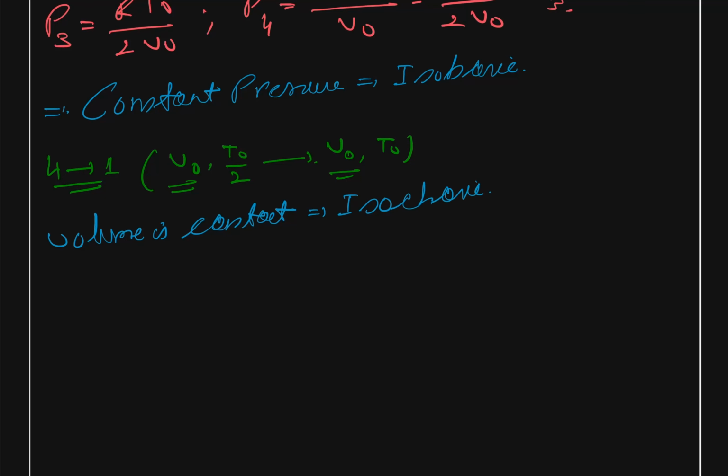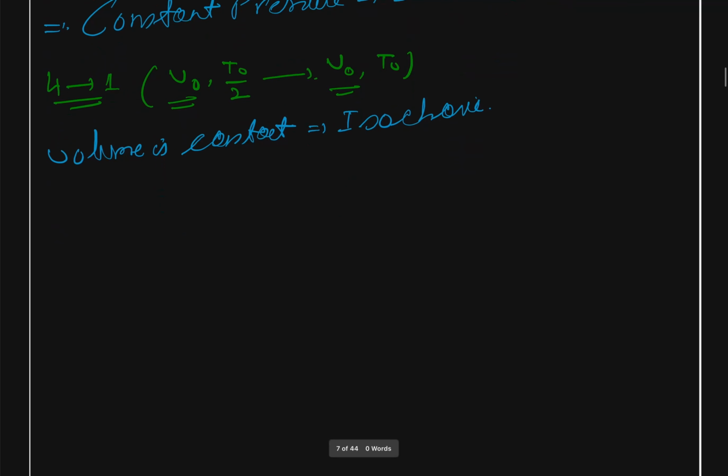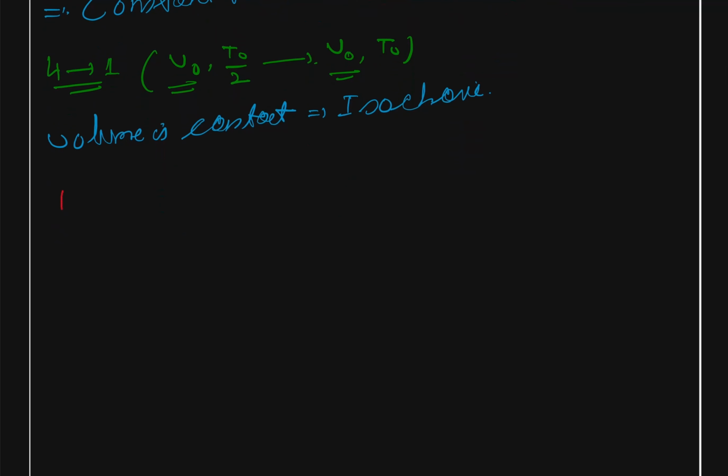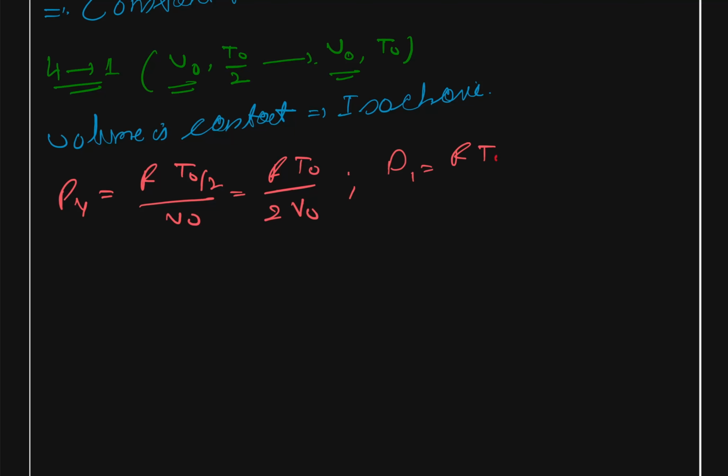And we can easily find out the pressure. The pressure at 4, that is P4, will be equal to R T0 by 2 divided by V0, which comes as R T0 by twice V0. And we have P1, which is R T0 by V0. This comes as twice P4. So we got the relationship between P1 and P4.